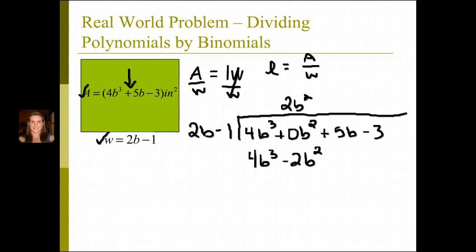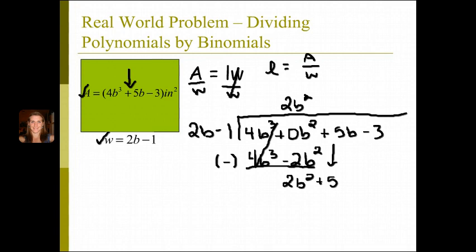We are going to subtract. Our 4b cubes cancel. 0 minus negative 2b squared gives me a positive 2b squared. Bring down my 5b.